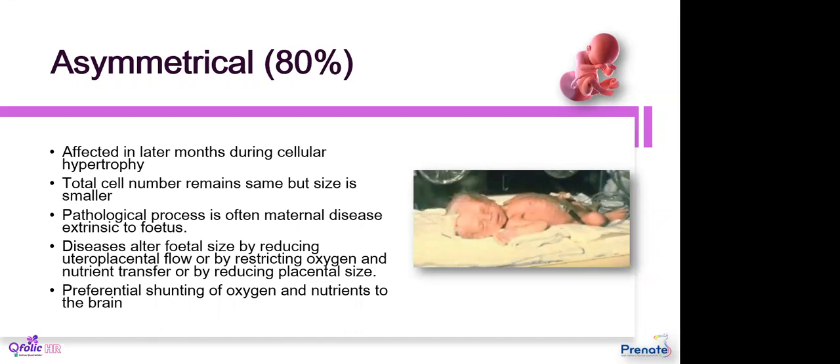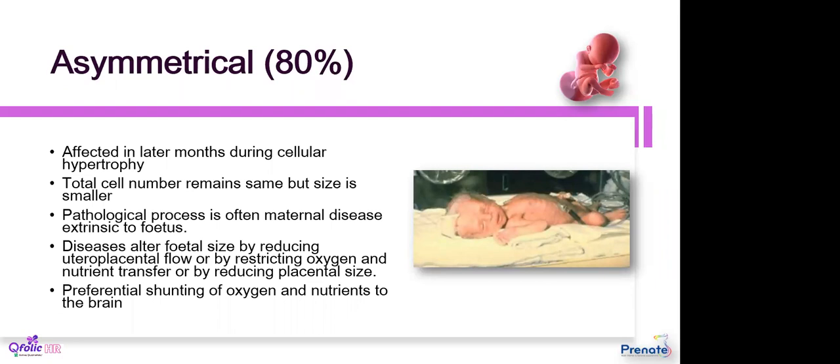Among all the growth restricted babies, mostly 80% are asymmetrical IUGR babies, and these babies are affected in the second half of the pregnancy, and usually there is a defect in the hypertrophy of the cell. The total number of cells remains normal, but the size becomes smaller.